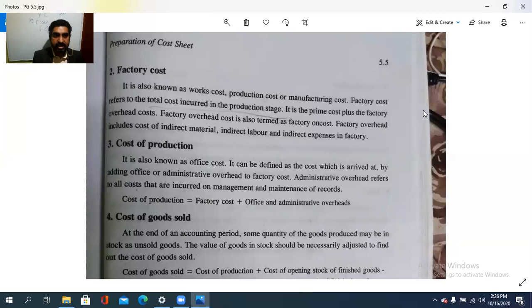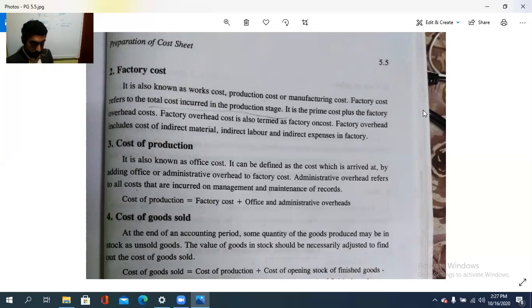Then factory overhead includes the cost of indirect material, indirect labor, and indirect expenses in the factory, which cannot be traced or identified directly, like material, labor, and expenses. In all three cases, where is the indirect part? In the factory. That all constitutes factory overhead. So prime cost plus factory overheads is the factory cost or work cost.